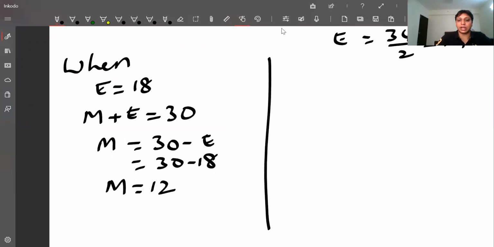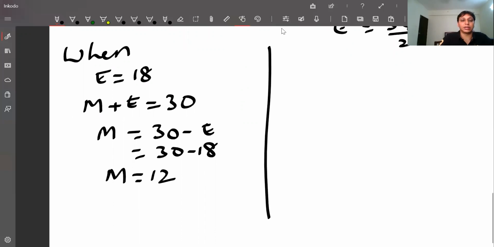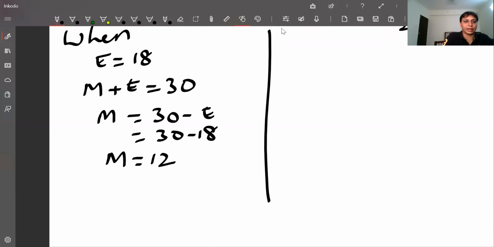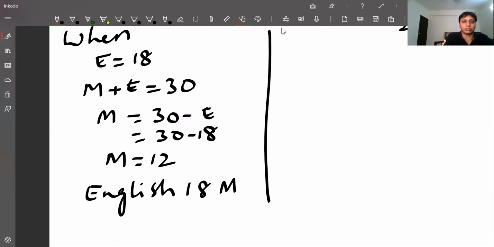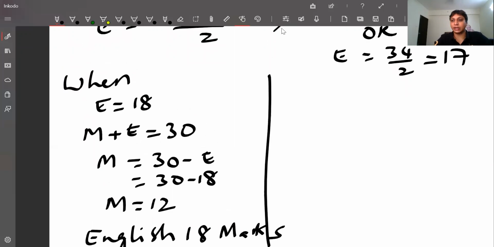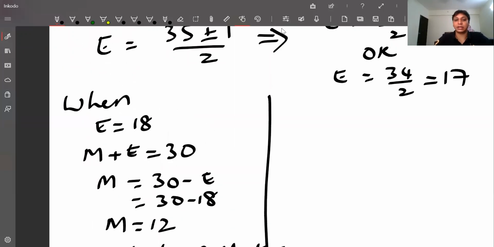So this is the first part: the marks of English is 18 and math is 12 marks. Now coming to the second one, we need to take the 17 into account.